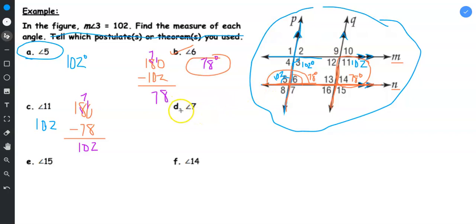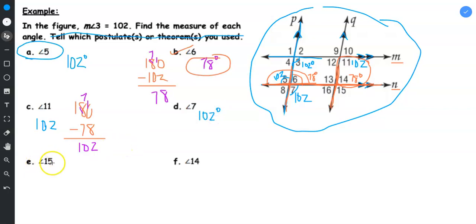Moving on to D, angle 7. So angle 7, all right, is vertical to angle 5, and vertical angles are congruent, so I know that angle 7 is 102. You'll notice that the more angles we fill in, the easier these problems become.